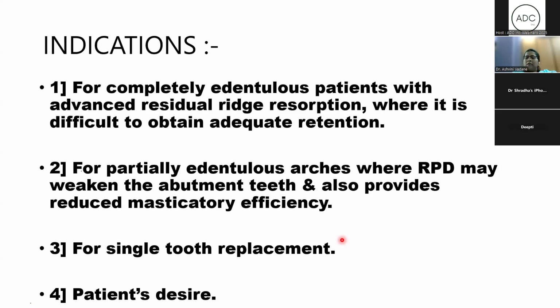So in that case, dental implant is a good option. Then the third one is for single tooth replacement. And the fourth is the patient's desire. If the patient himself wants to go for dental implant, many times the patient comes to the clinic saying that I want a dental implant. So in those cases, we can go for dental implants.